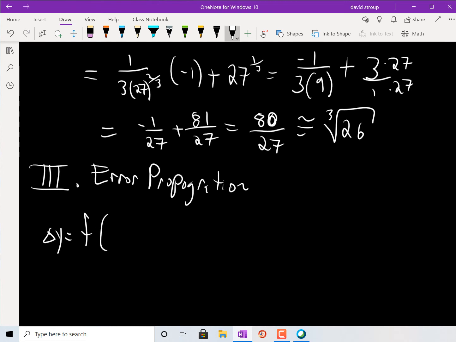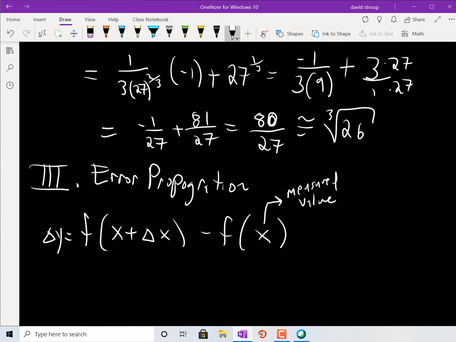So delta y again is f of x plus change in x minus f of x. Okay, and the x is the value that your workman is measuring. Okay, so this would be your measured value. So x plus change in x then is the actual value, like if you had a microscope, you can maybe figure that out, right?